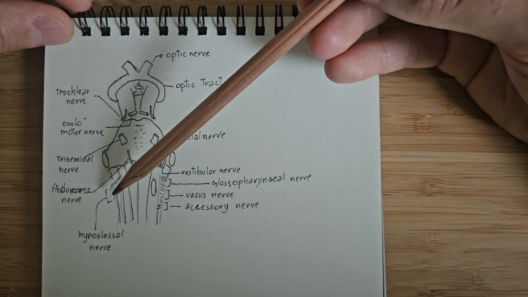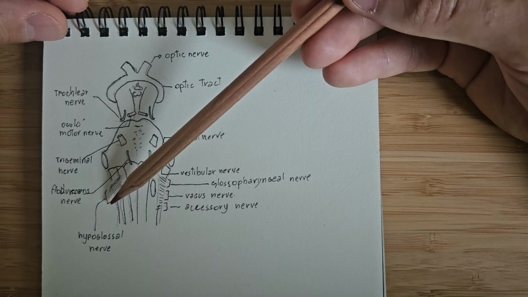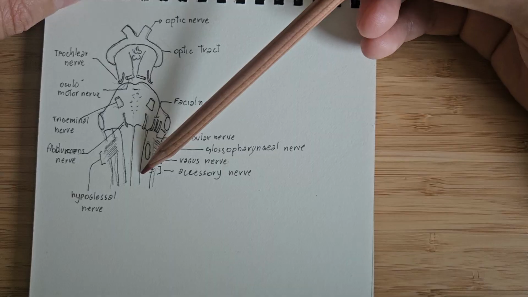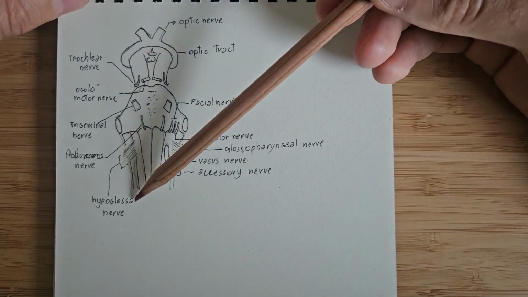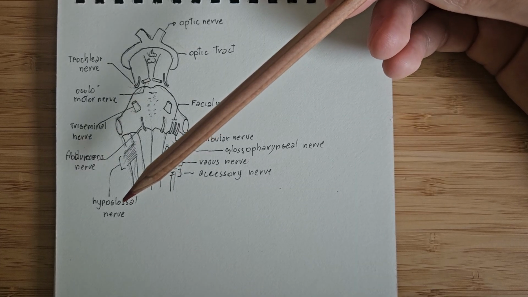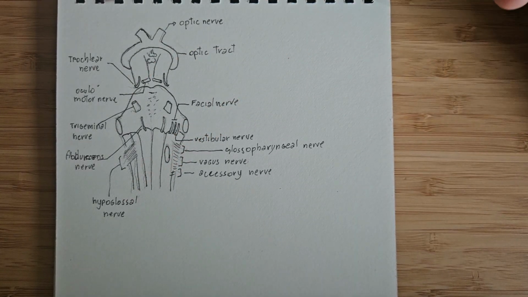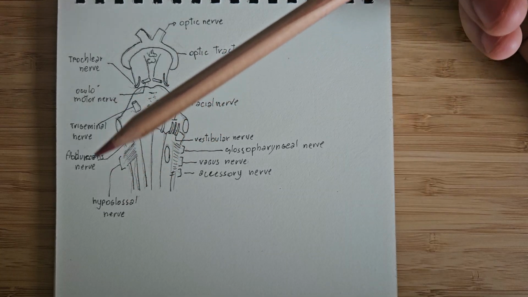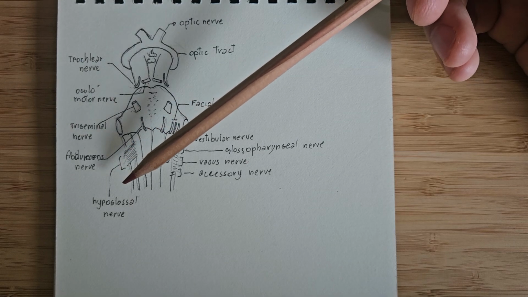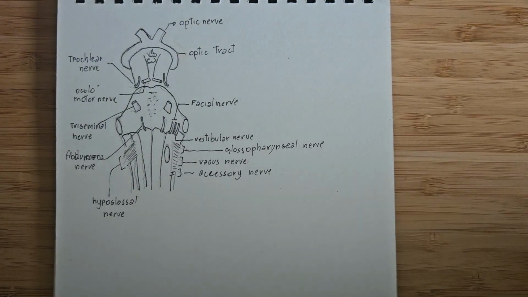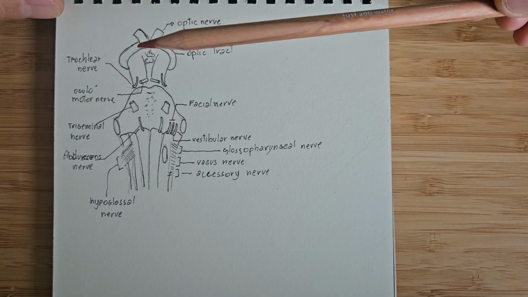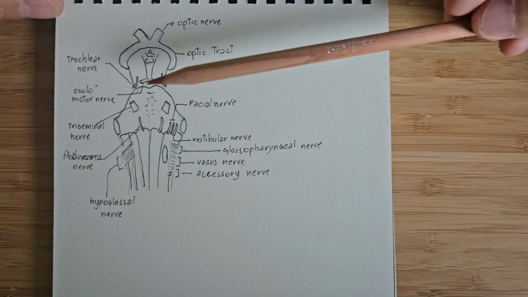And the final nerve is the hypoglossal nerve attached to the medulla oblongata, and this one here controls tongue movement, and it is essential for speech and swallowing. Damage causes dysarthria, which is speech difficulty, and dysphagia, swallowing difficulty. So these are the main nerves composing the medulla oblongata, pons, and midbrain.